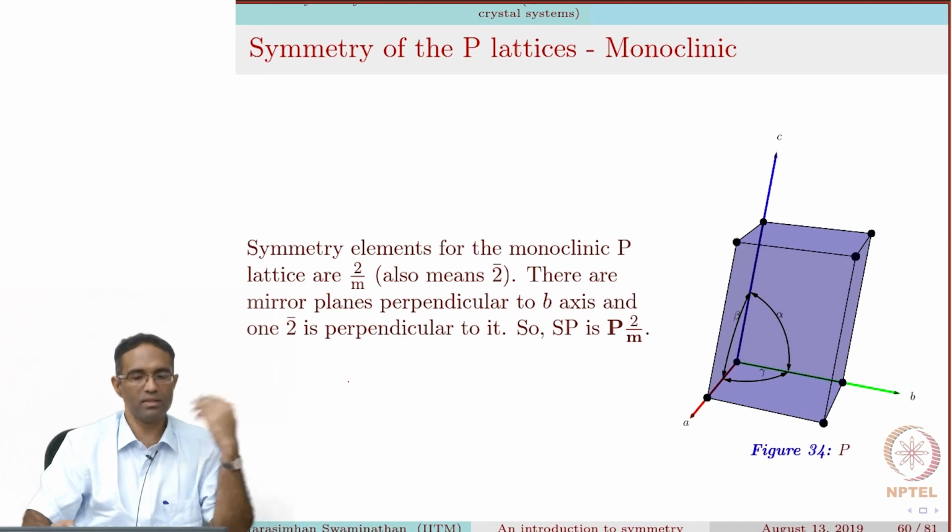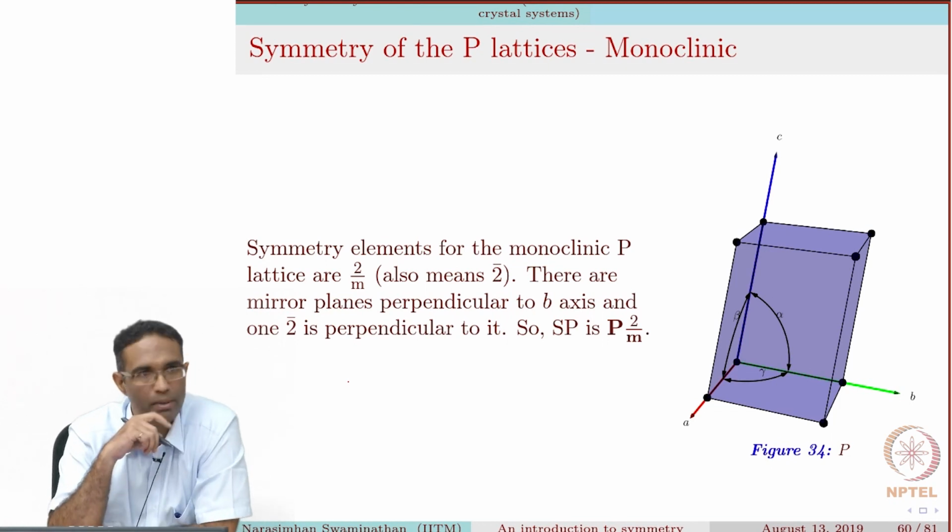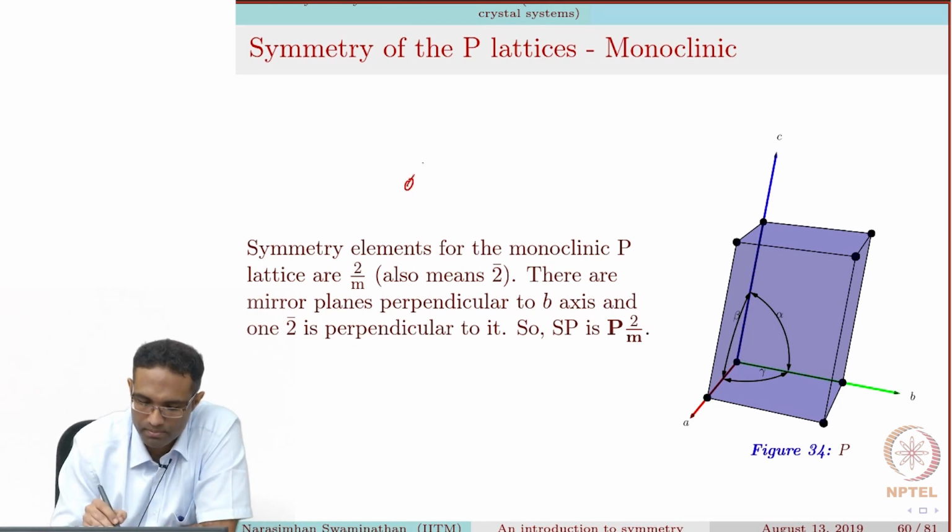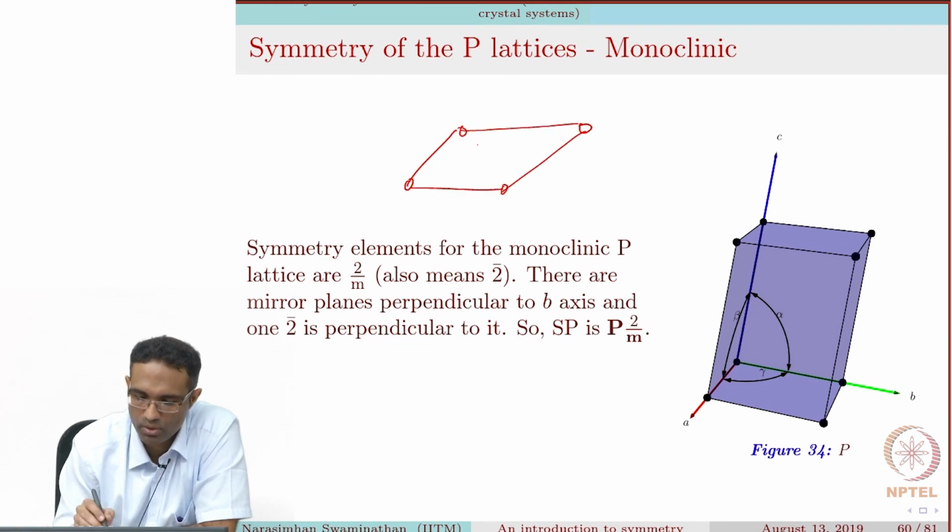Monoclinic lattices are like our oblique plane lattices. You have a plane oblique lattice, this is A and this is probably B, and this angle should actually be gamma.